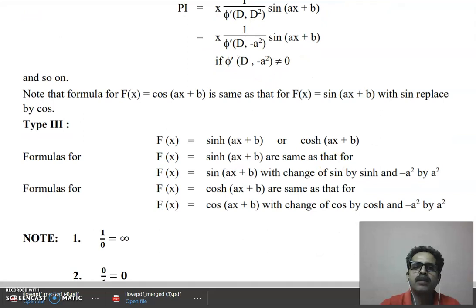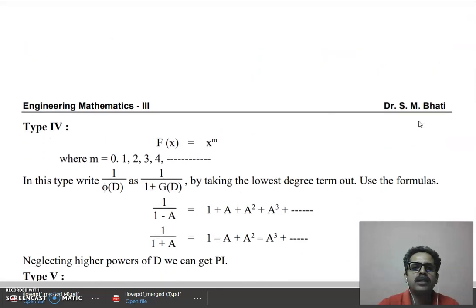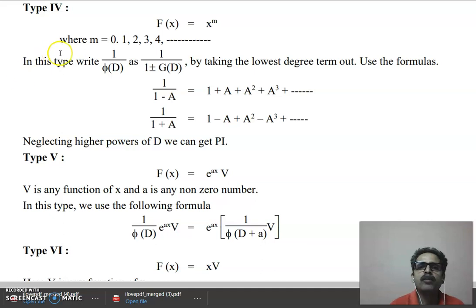And the third type is sinh(ax+b) or cosh(ax+b). Here you have to replace d square by a square and keep d and constant terms as they are. And the fourth type is a polynomial, that is when f(x) is x raised to m.